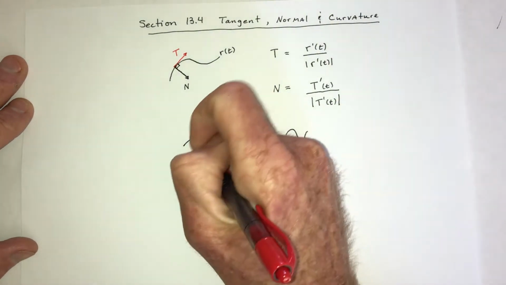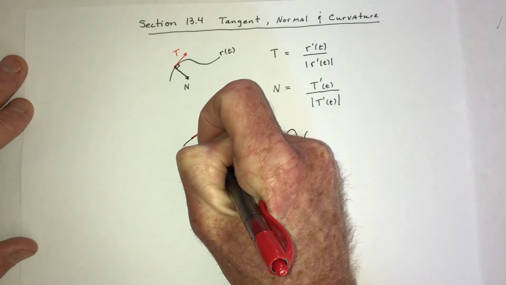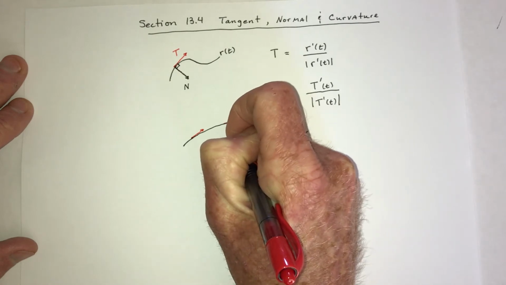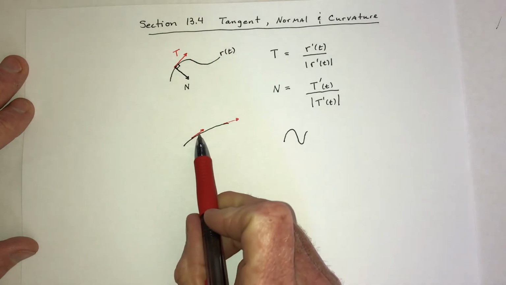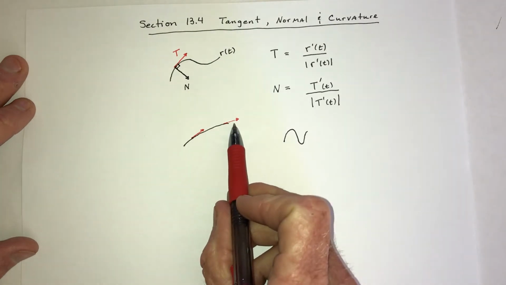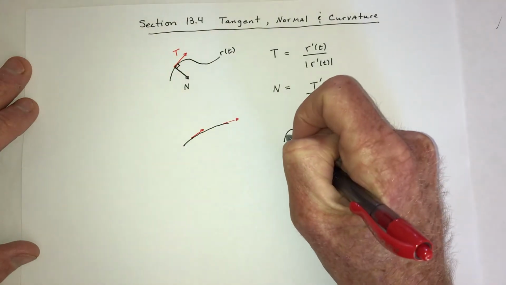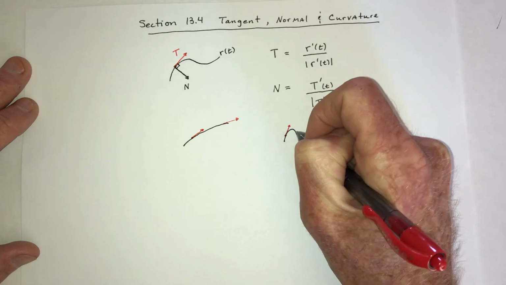So as you're driving along, the tangent vector would be like this. And then when you get to here, the tangent vector would be like this. So the tangent vector changed a little bit as you drove that 1 mile, but not a lot. When you're on this really curvy road, the tangent vector would look like this at this point.